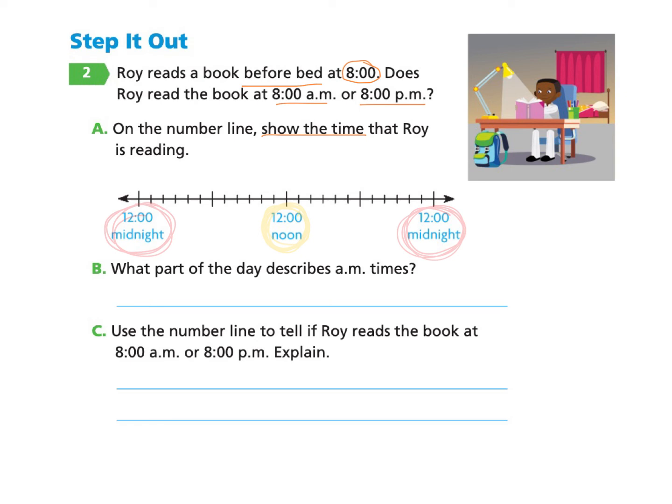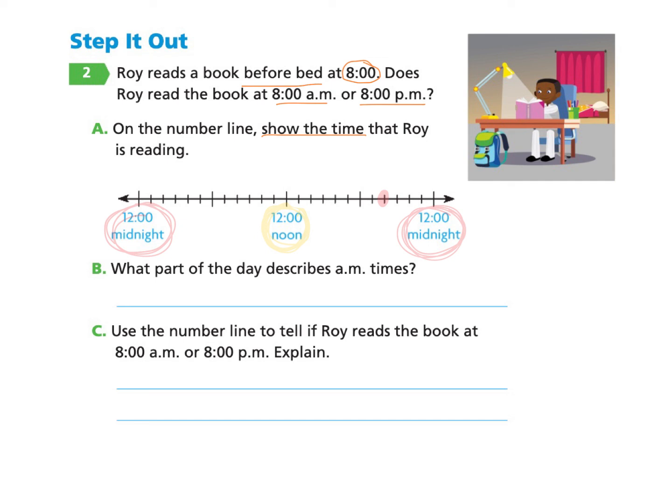So it says he read a book before bed, which means he was going to sleep. And we don't go back to sleep before noon. So I'm going to count 1, 2, 3, 4, 5, 6, 7, 8. Here is where I'm going to show 8 o'clock, and I'll erase the other marks that I made to find that 8.